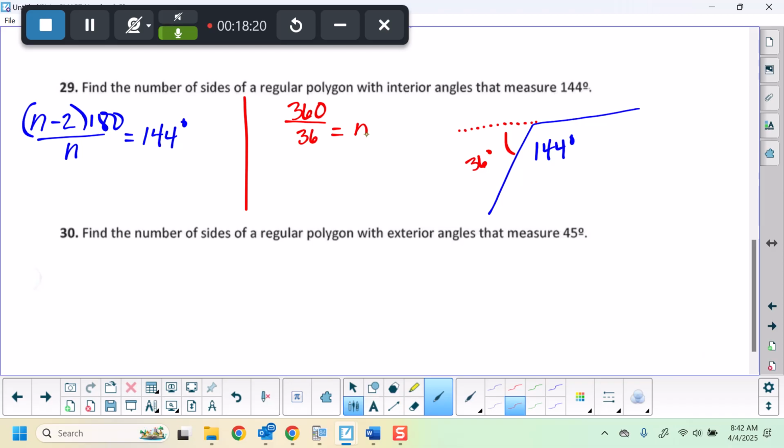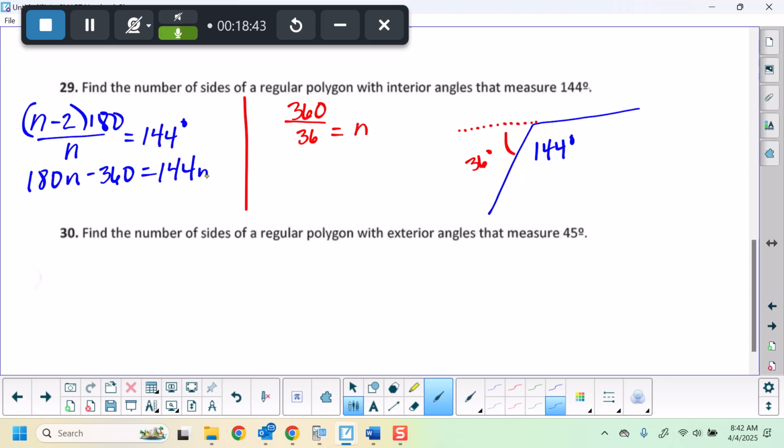Yeah? Okay. The first thing I'm going to do is multiply each side by n and distribute my 180. So 180n minus 360 is equal to 144n. You okay with me doing both those operations at the same time? I multiply each side by n. There he is. I distributed the 180s. You good with that?